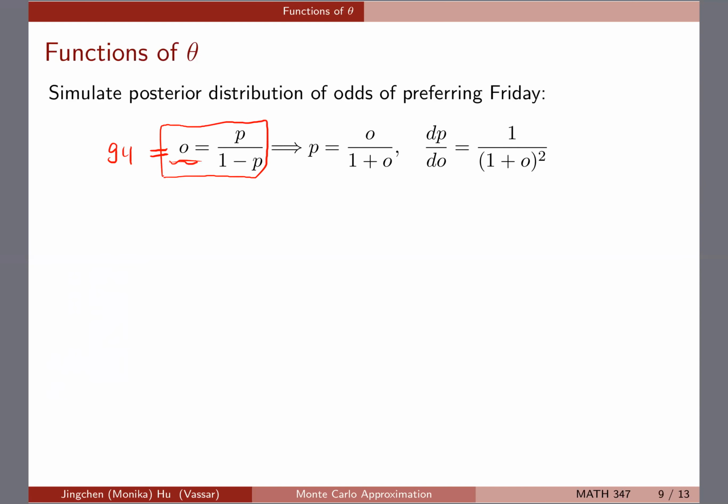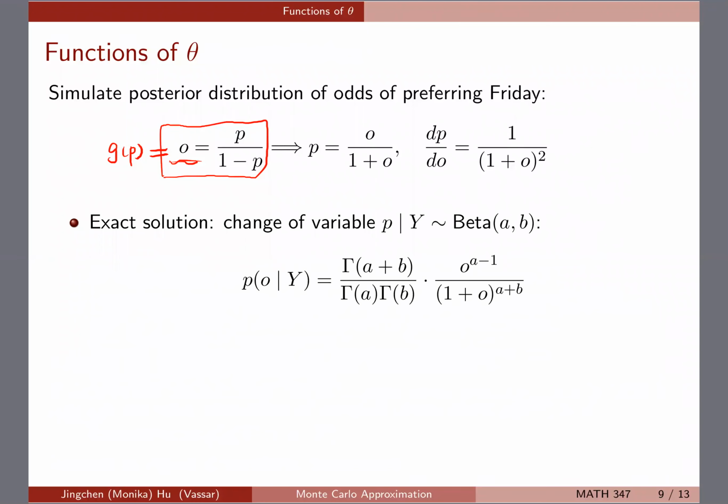So this becomes a function of P. If you want to do it the analytic way, say I want to summarize the odds, which is unknown and linked to the proportion parameter P, then remember we did the review in the introductory lecture about change of variable, and you have to go through all of the computation.